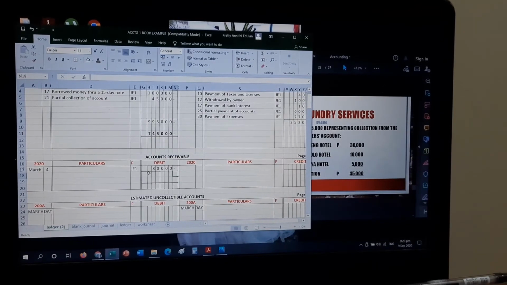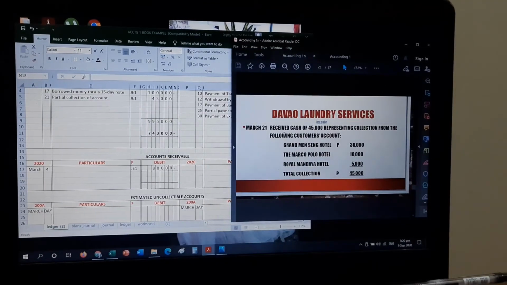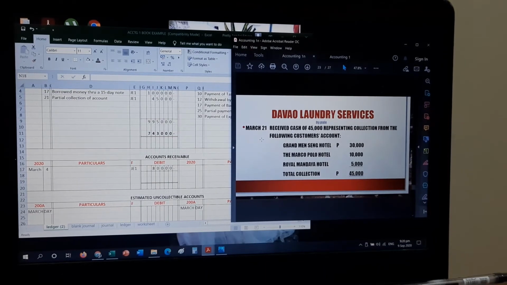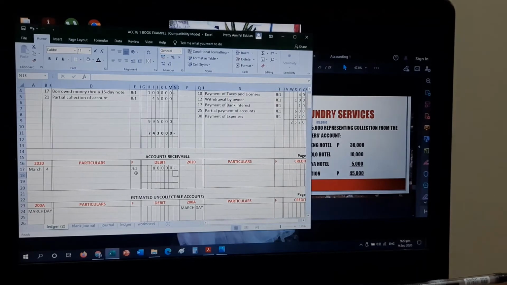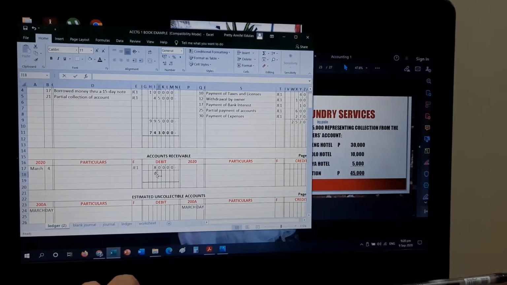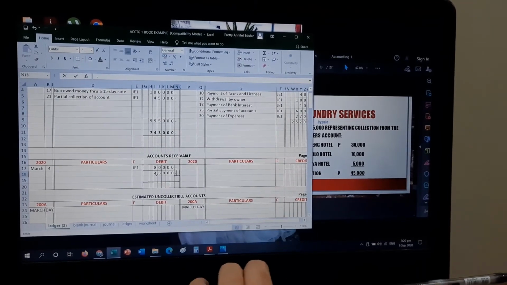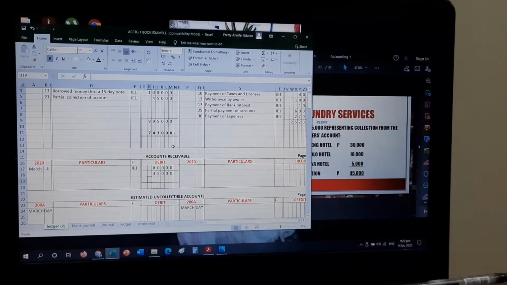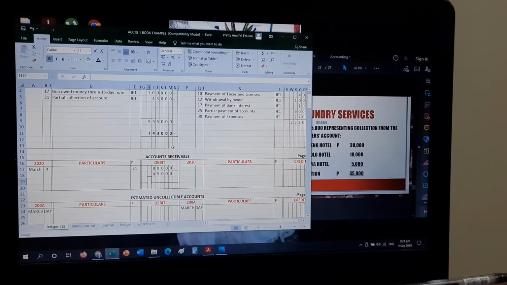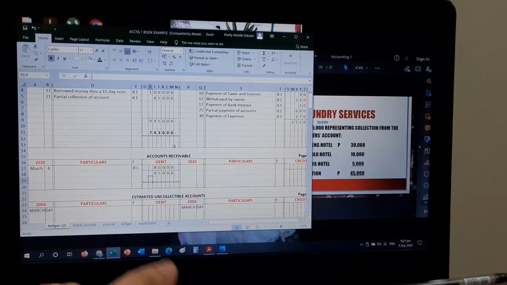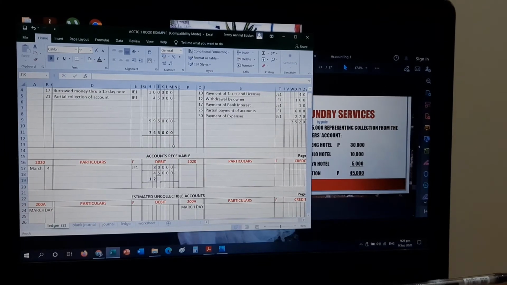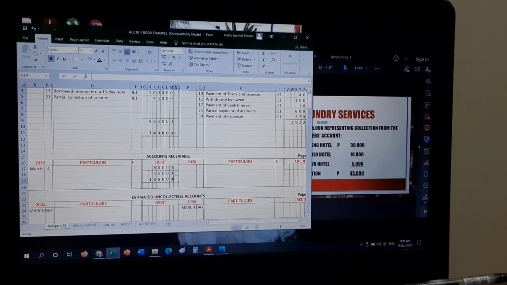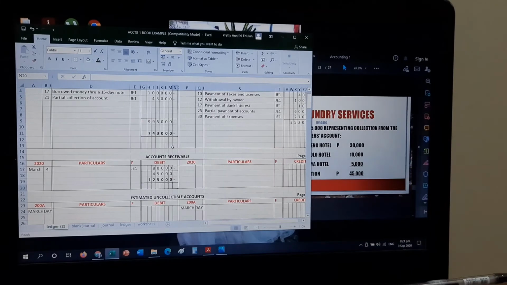So on March 21, we received cash because they paid us 45,000. If you write it here, what would happen is you'll simply add, if you could recall the footing, we have already discussed the ledger without the money columns. So you will do the footing. The final balance of your accounts receivable would be 125, which is not the case.